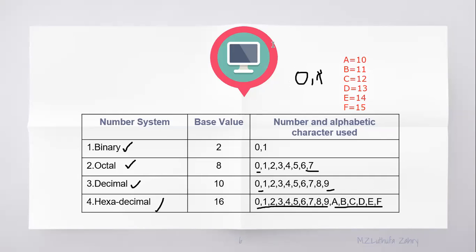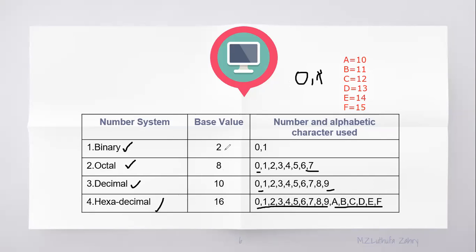So from 0 to 9, you will have the normal decimal numbers, and then some alphabetical letters in the hexadecimal number system. So this is the number system and the numbers and characters used in it.